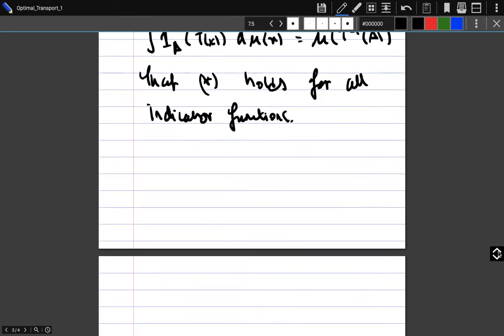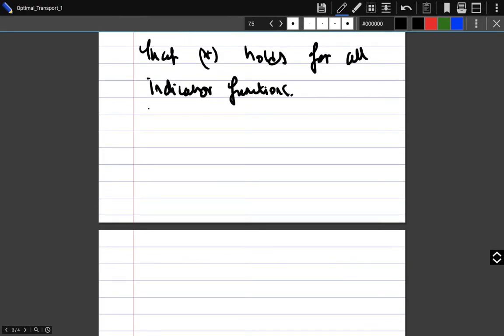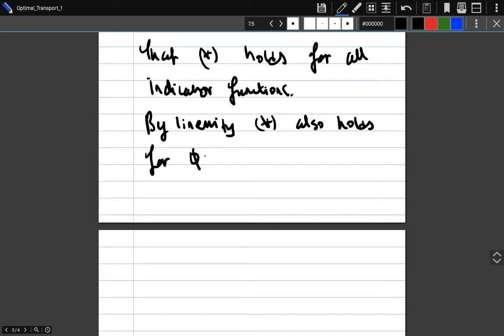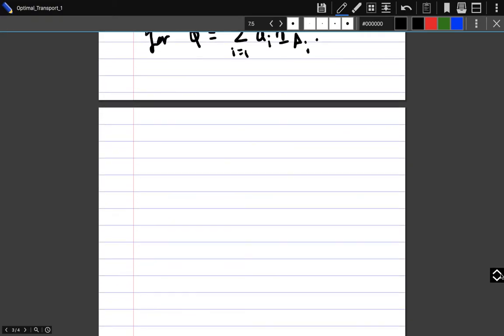Okay, so we're good for indicator functions, and now what we need to do is prove this for simple functions, which is also trivial. Just by linearity, star also holds for phi which take the form sum of a_i times indicator of A_i, i going from 1 to n, for instance. So it also holds for linear combinations of indicator functions. And then after this it's just the density argument.